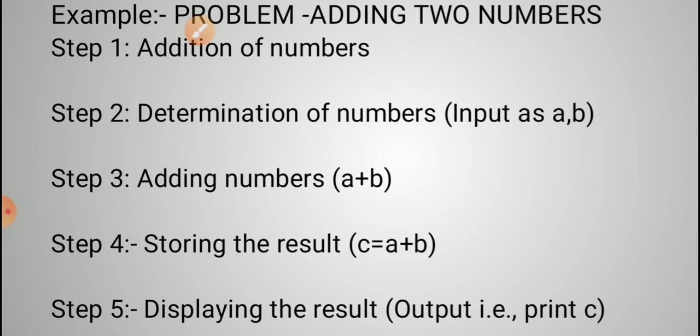You can fix some numbers and check how the addition works out. Then finally you can display the result, that is output, like print C, because the addition of the two numbers is stored in the result variable C. So finally you can print the variable C.